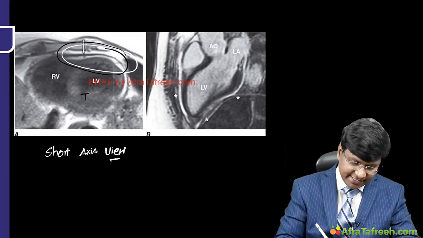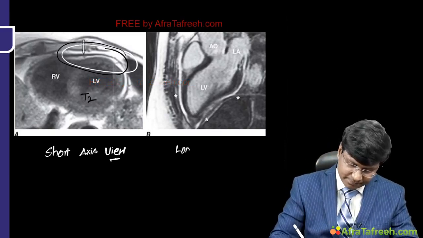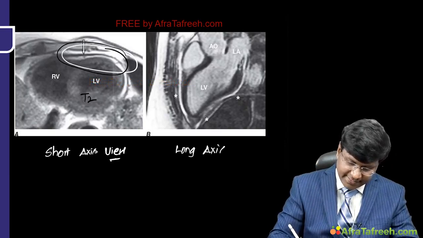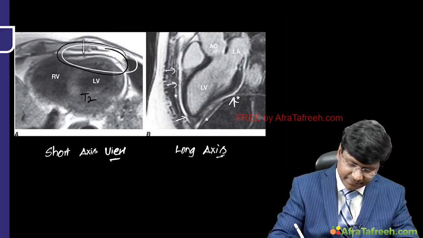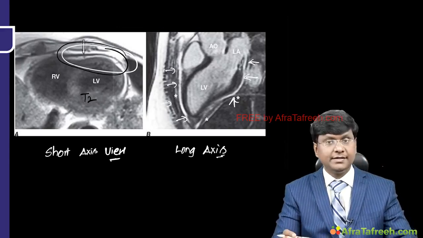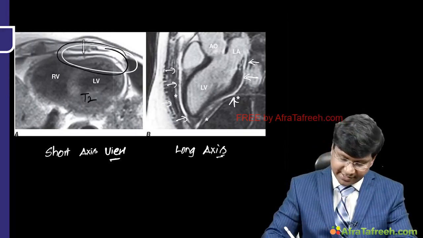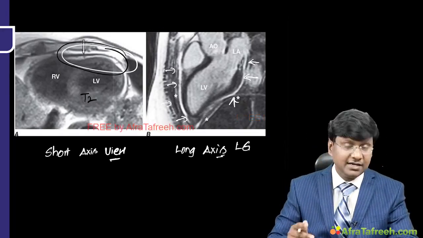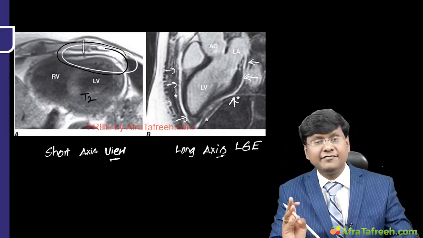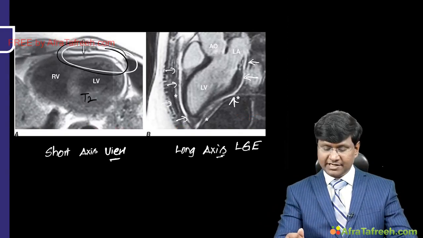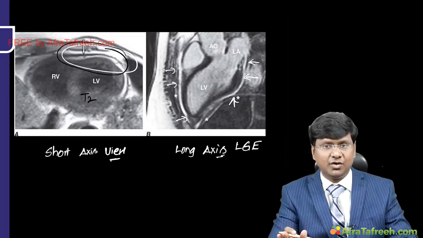This is a T2 weighted image, and this is a long axis view, so you can make out the thickening of the pericardium carefully here. Here we use a contrast, and that contrast is gadolinium. So there will be late gadolinium enhancement of the thickened inflamed pericardium. That is what you will observe in the long axis view.